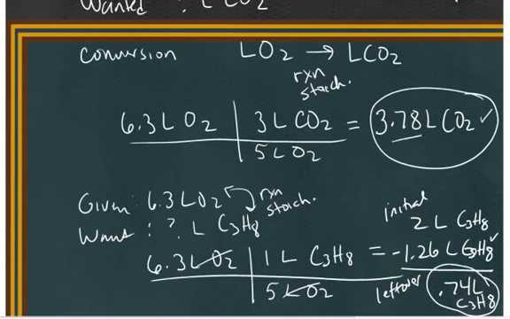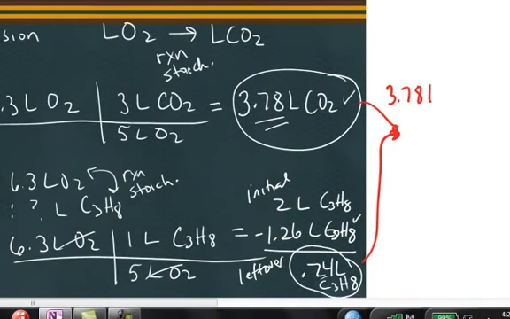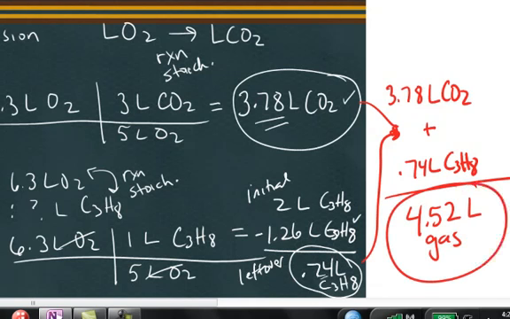So the sum of 3.78 and 0.74: the 3.78 liters of carbon dioxide plus the 0.74 liters of propane is going to add up to a total of 4.52 liters of gas in the vessel at the end.